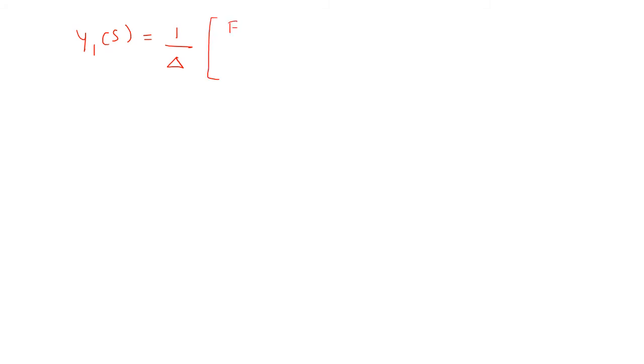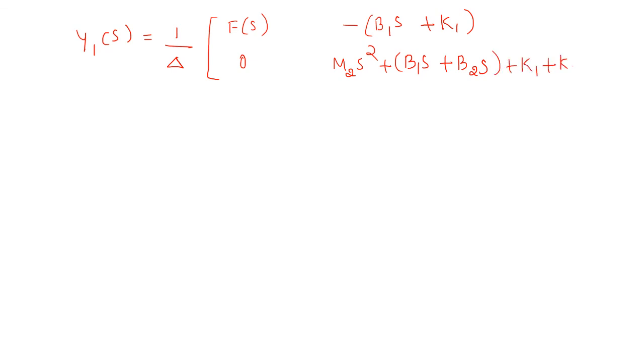We replace the first column elements by F of s and 0. By applying Cramer's rule, this is the matrix with F of s, 0 in the first column, and minus B1 s plus K1 and M2 s square plus B1 s plus B2 s plus K1 plus K2 in the second column.